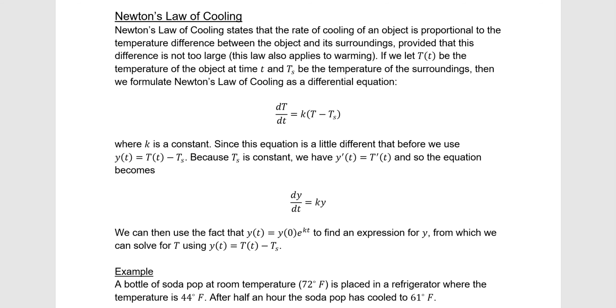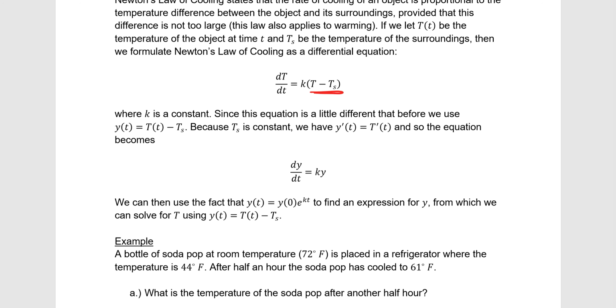And hopefully it's pretty obvious why this becomes y, because that's what we wanted it to become. The reason why the derivative of the temperature can equal the derivative of y is because the temperature of the surroundings is a constant. We know the derivative of a constant is 0, so that means y prime equals capital T prime.